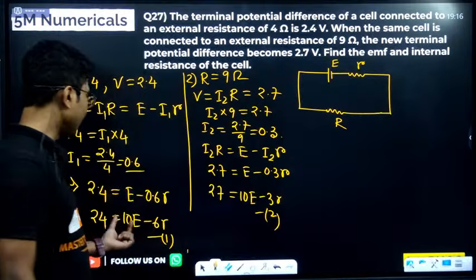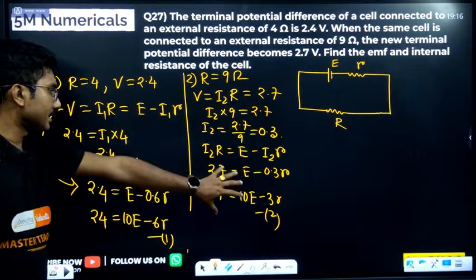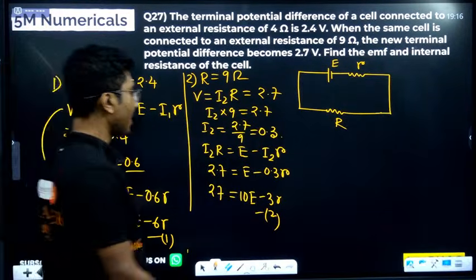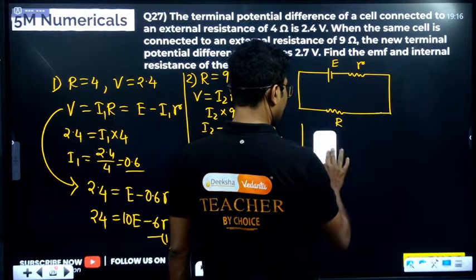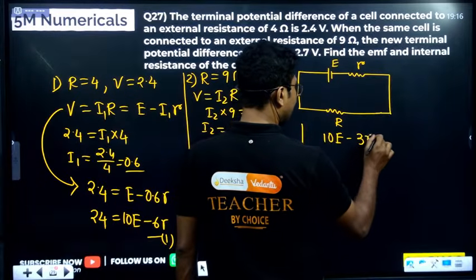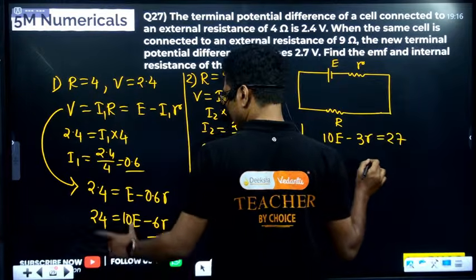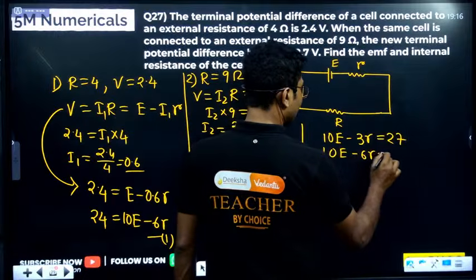Now as you can see, the E value is same, so if you subtract this minus this, you are going to get the value of r. Let me write it like this: 10E minus 3r equals 27, and this becomes 10E minus 6r equals 24.